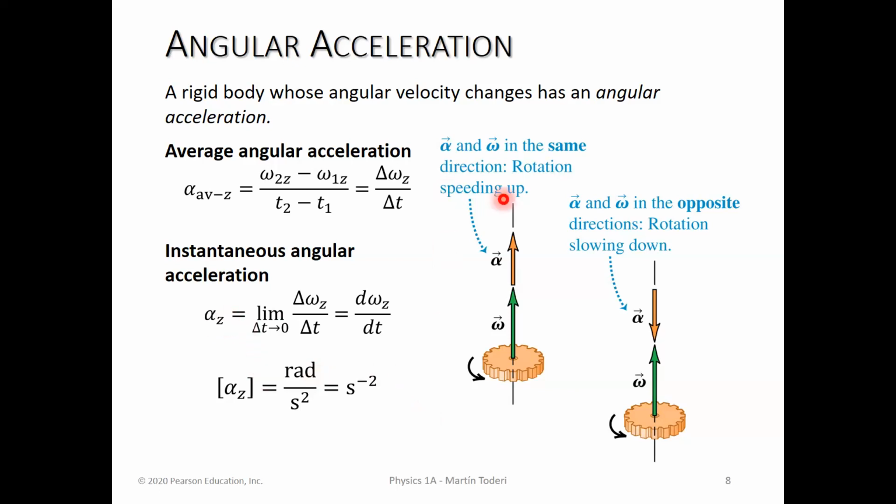So in terms of vectors, alpha and omega are in the same direction, right? So let's say they are acting in the same axis, the rotation axis. But if they are in the same direction, that means that the thing is speeding up. It's quite intuitive, right?